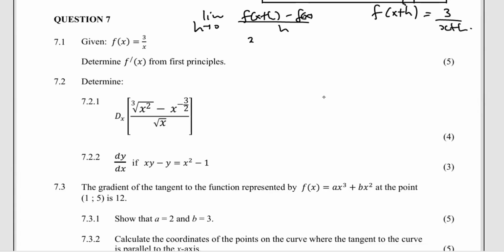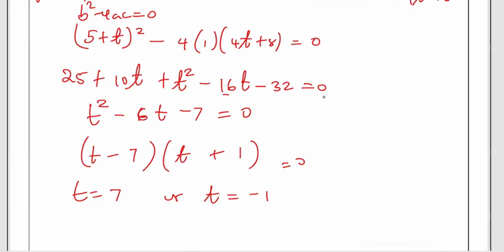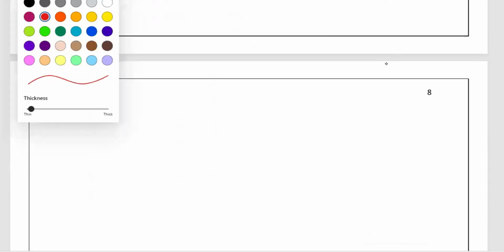So that's going to be limit. Okay, so it's saying the limit as h tends to 0, 3 over x plus h minus 3 over x. Everything is divided by h. Let's do the magic, cross multiply and find the LCD.